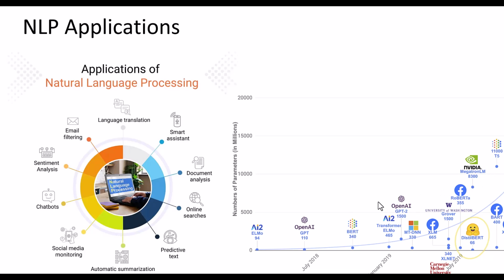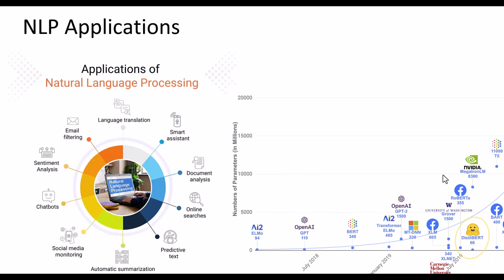Here you see the list of models which were published by these famous companies. Some of these models were published by Google, some by Facebook, and some by OpenAI. These are the major players in NLP models. Currently they are making large language models, which are very powerful models.